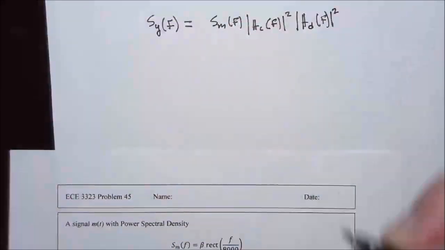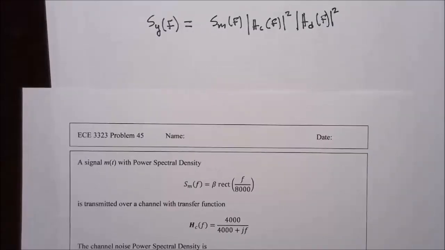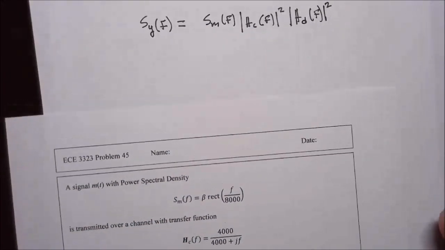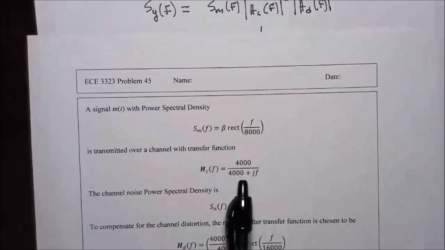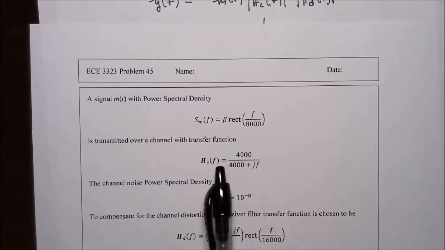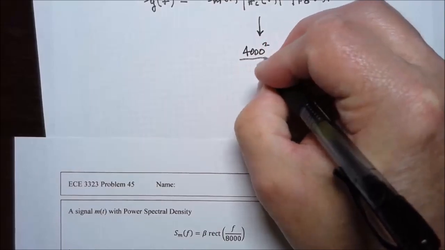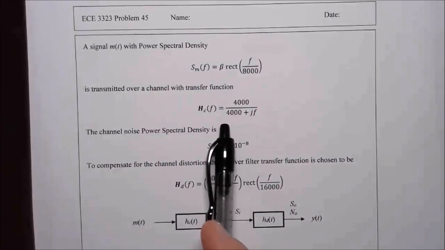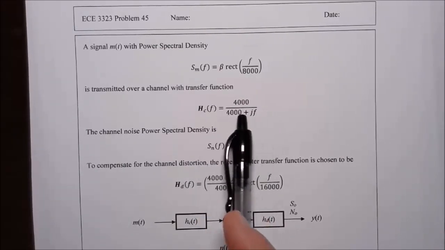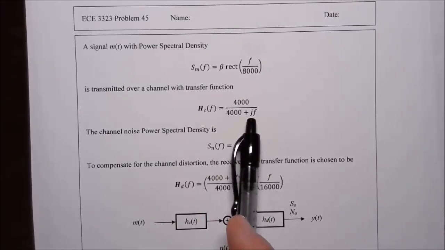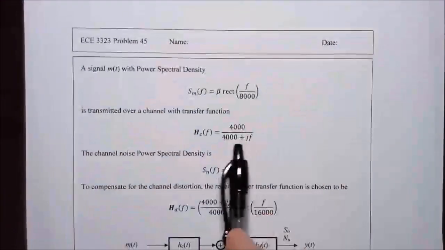Now, let's see. We take the magnitude squared of this transfer function. That's going to be the numerator magnitude squared divided by the denominator magnitude squared. Magnitude squared of this complex value is going to be the real part squared plus the imaginary part squared.